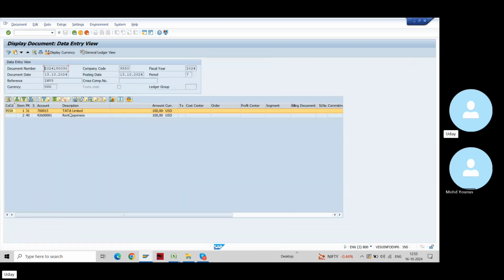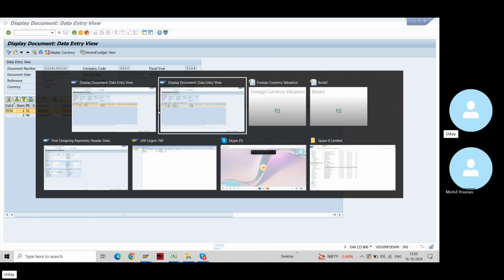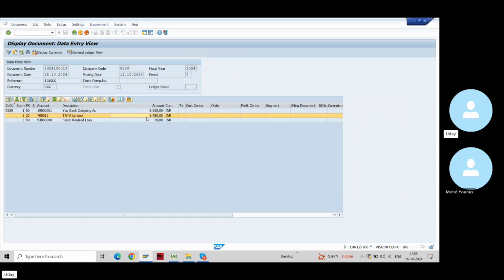Now in INR you are having 8,400 as expense and 8,400 in the vendor. The same payment entry, 8,400 in vendor account. This is the open item. The open item got cleared. Now vendor debit and credit both got nullified. Now you can see, because of the 85.5 exchange rate, you got 8,550, and the difference will be booked as loss.